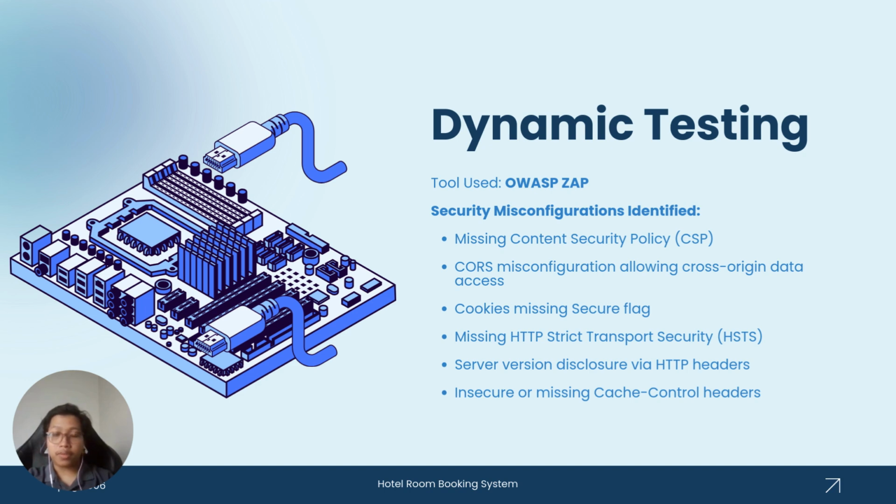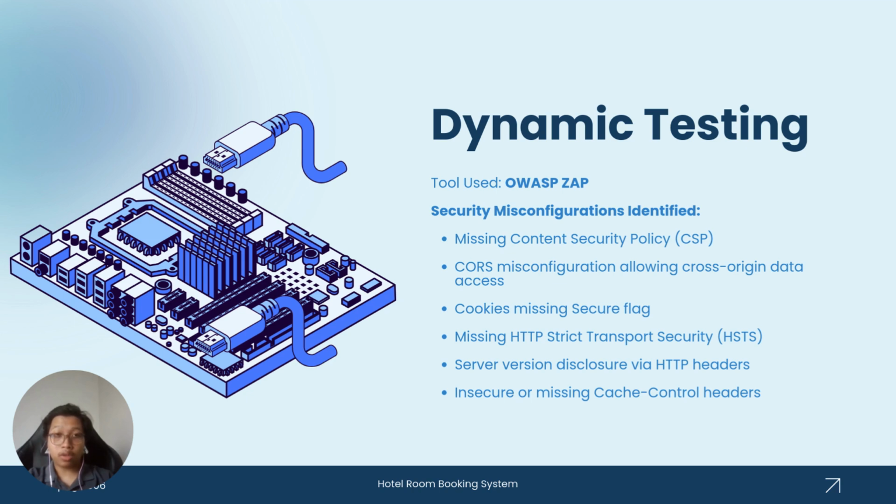We used OWASP ZAP to evaluate the running application. Several security misconfigurations were detected, including the absence of a content security policy, insecure CORS configuration, and cookies missing the secure flag.